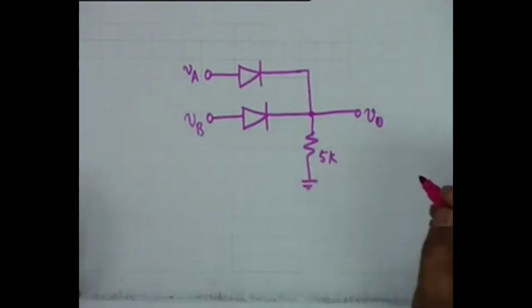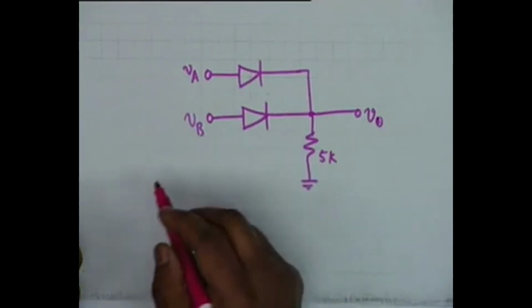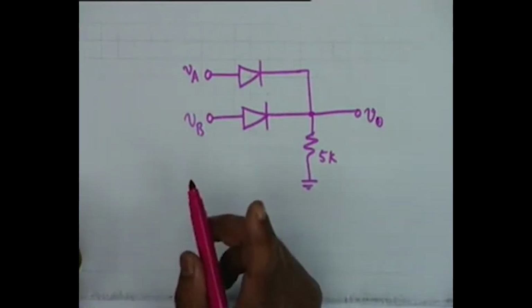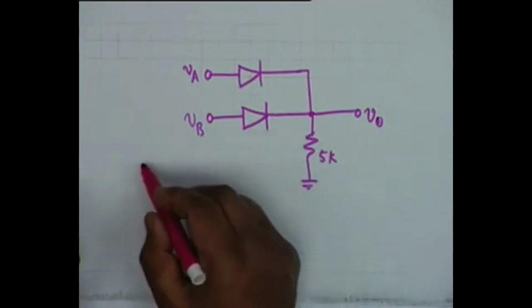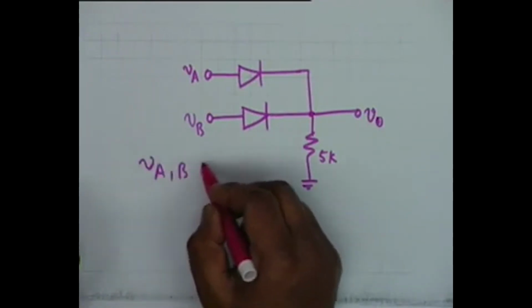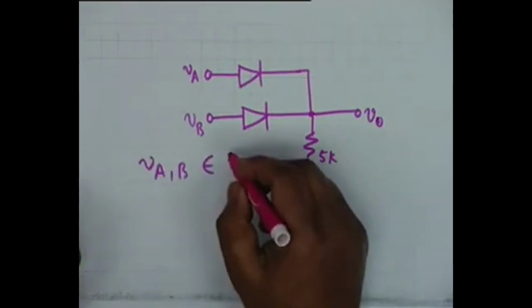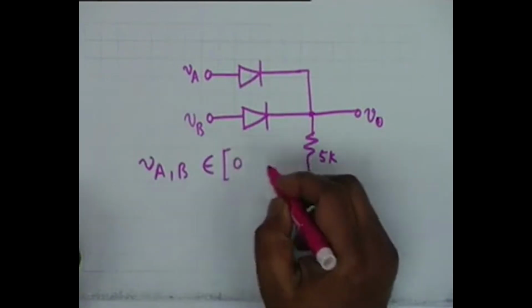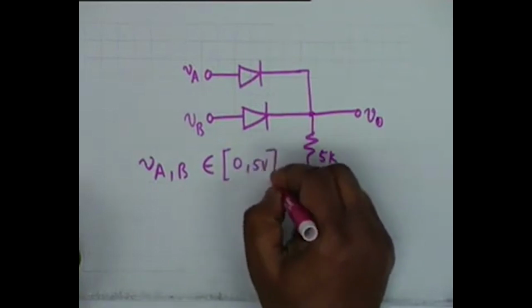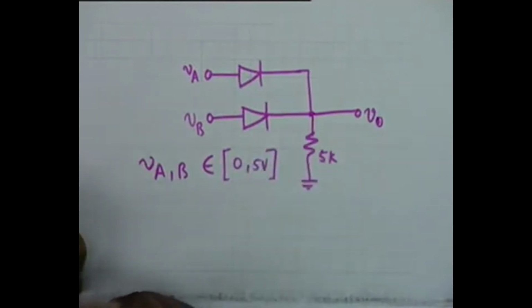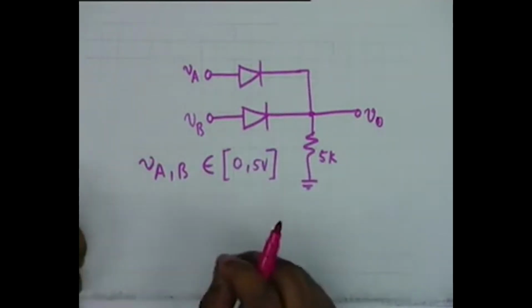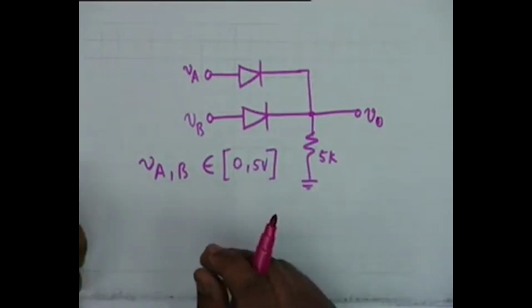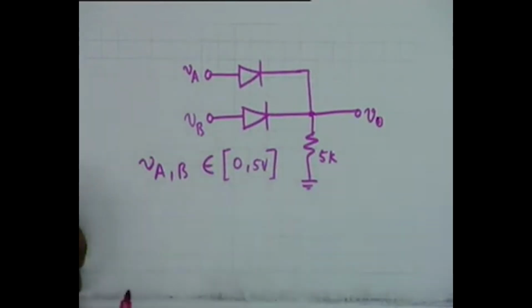is V0, all right. It is specified that VA and VB can have only one of two possible values. VA, VB can belong to the set 0 volt or 5 volt. No, just two discrete levels, either 0 volt or 5 volt.